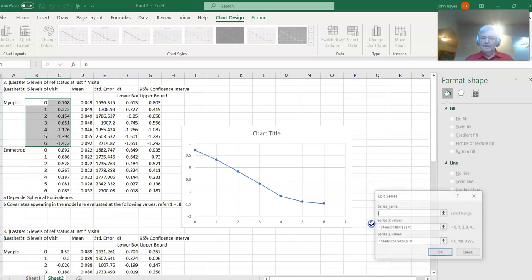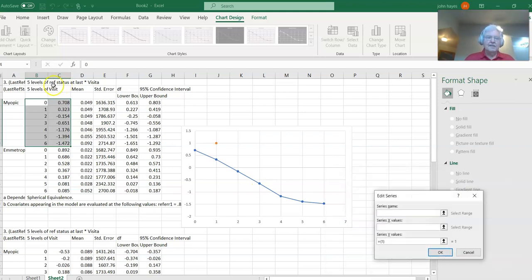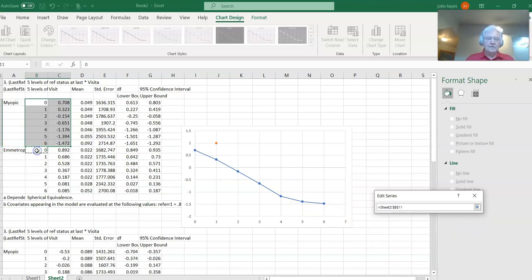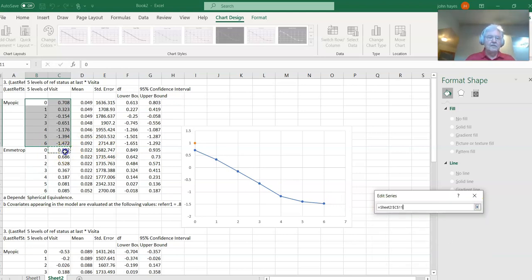We want to edit, and we're going to edit the series name by putting in myopia. Okay. And now let's add something. Let's make it emmetropia. The X values are the visits. And the Y values are the means.